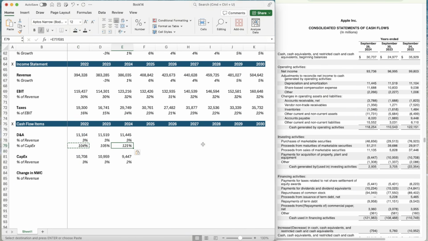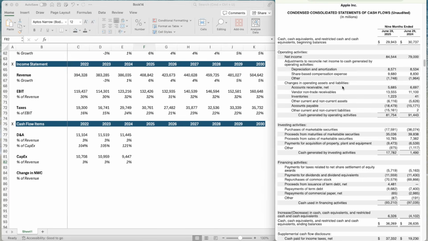So, depreciation and amortization is outpacing the capital expenditures. Normally, you want them to be about equal. Otherwise, all your equipment will be useless if you don't keep repurchasing and updating it.